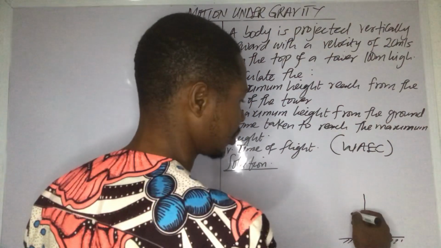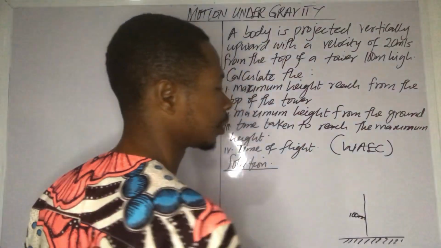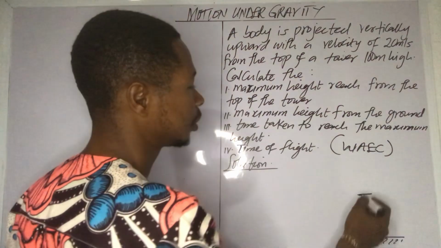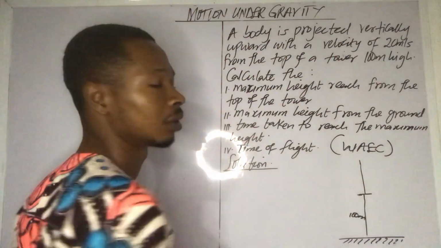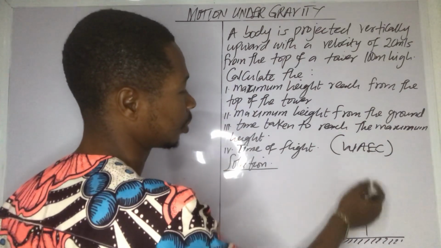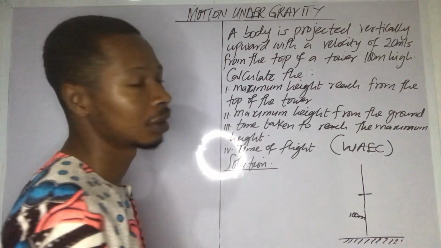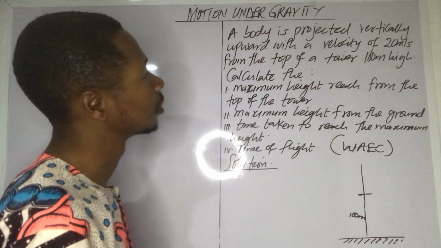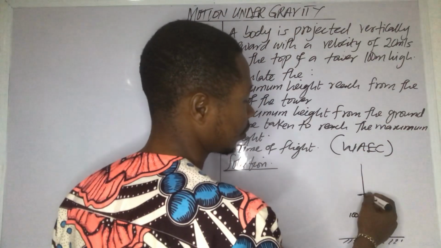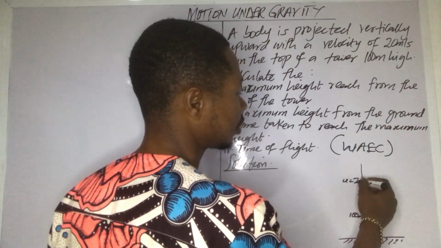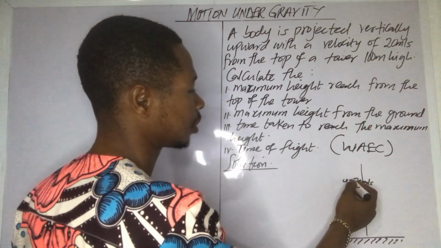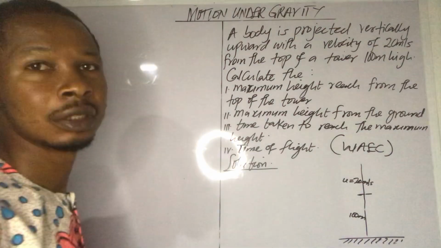From the top of the tower, the body is projected vertically upward with a velocity of 20 meters per second. That's your initial velocity.